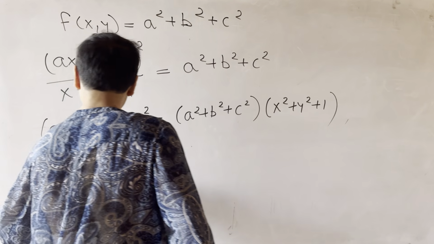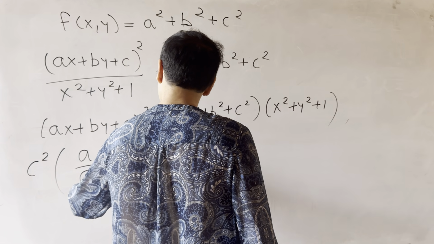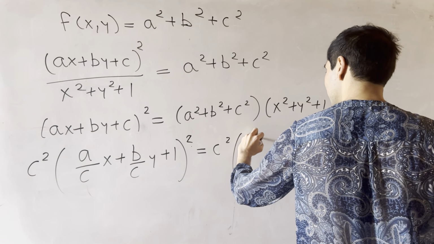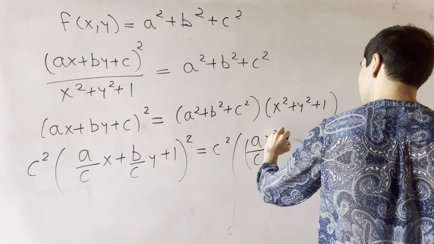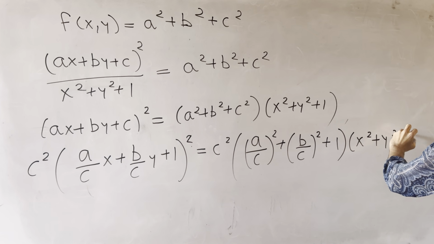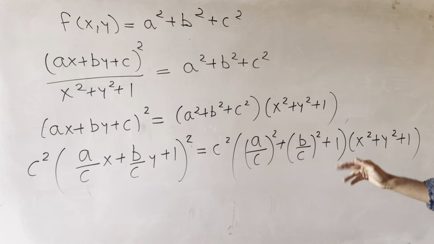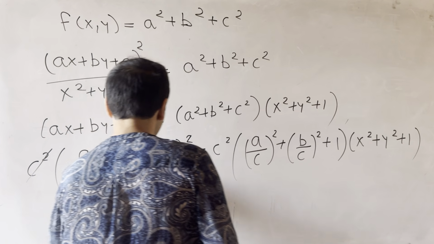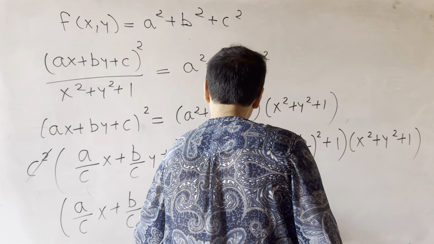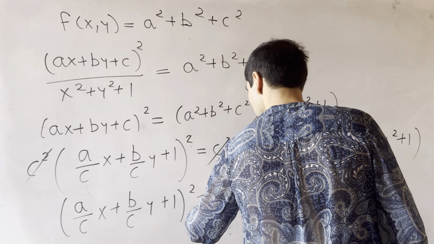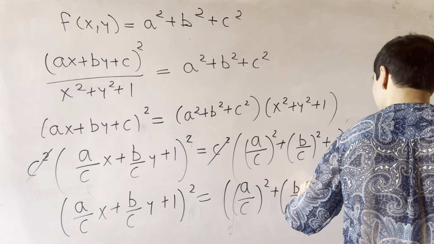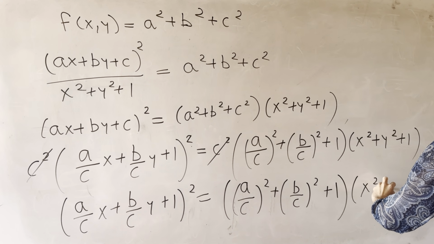So we get c² times ((a/c)x + (b/c)y + 1)² equals c² times ((a/c)² + (b/c)² + 1) times (x² + y² + 1). Then the c² cancels out, and we get ((a/c)x + (b/c)y + 1)² equals ((a/c)² + (b/c)² + 1) times (x² + y² + 1).